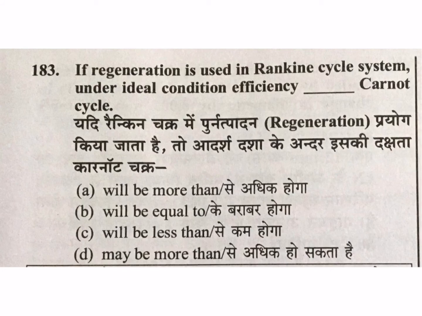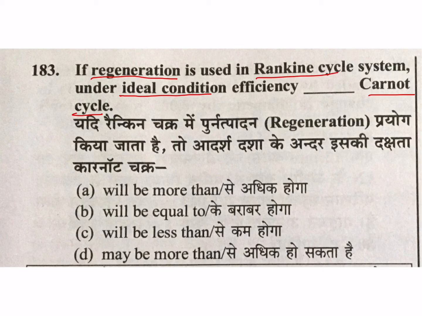If regeneration is used in Rankine cycle system under ideal condition, efficiency dash equal to Carnot cycle. I think some printing mistake is there. It is a comparison of Rankine cycle and Carnot cycle under ideal condition with regeneration.